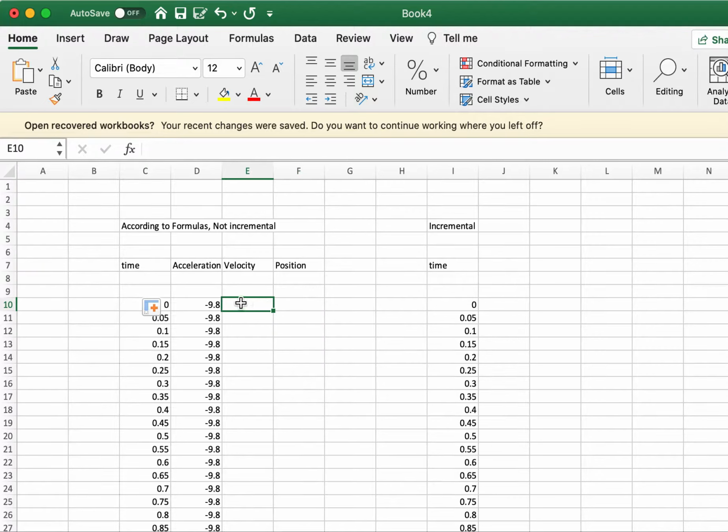Now, our initial velocity goes here. I'm going to say it's 50 for my problem. And then we also started at 100. So those are my initial values. It would be the same for my incremental version as well.